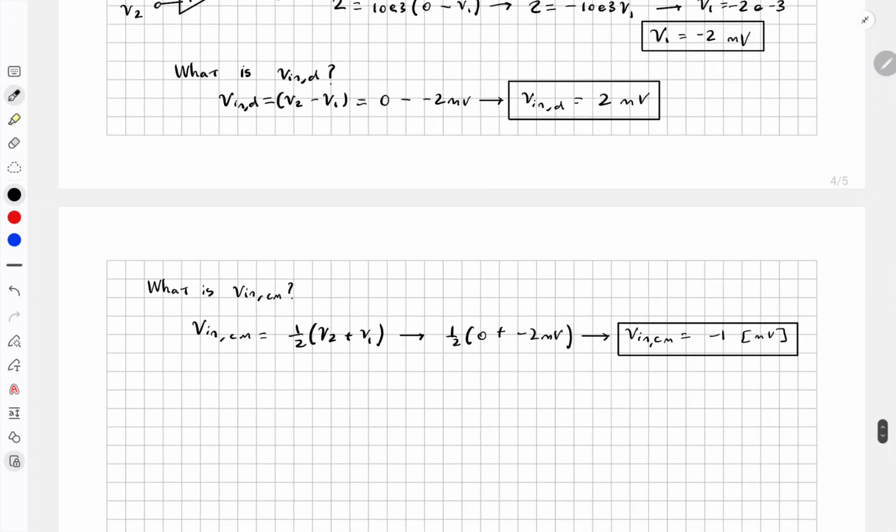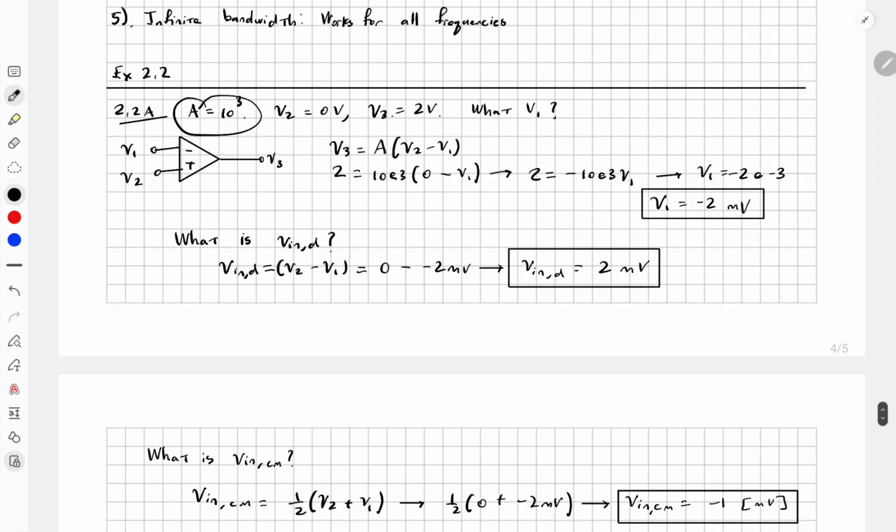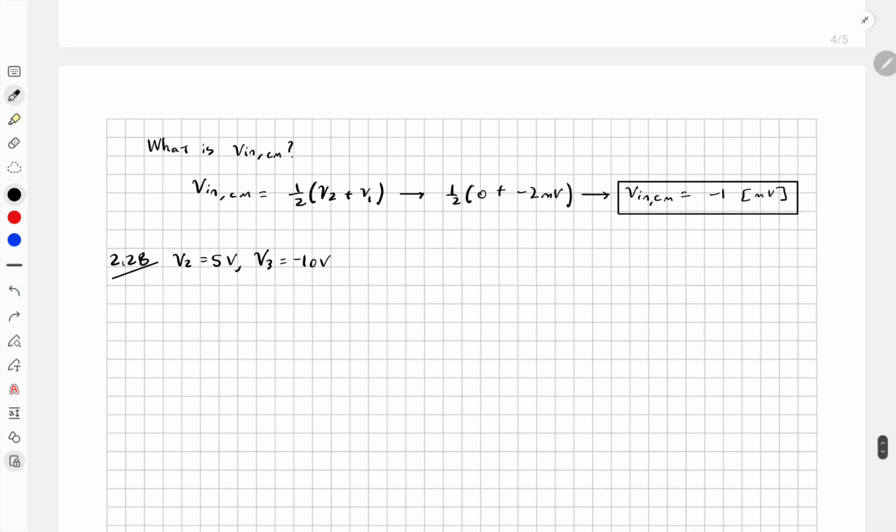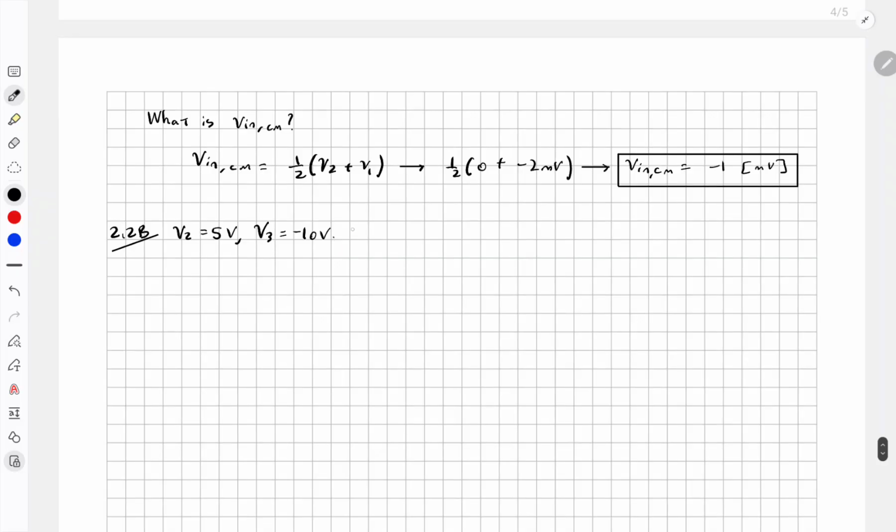Okay, now let's go to the next question, 2.2b. We are told that V2 is equal to 5 volts and V3 is equal to negative 10 volts. We're going to use the same A open loop gain from before, and the question is, what is V1, V in D, and V in CM?